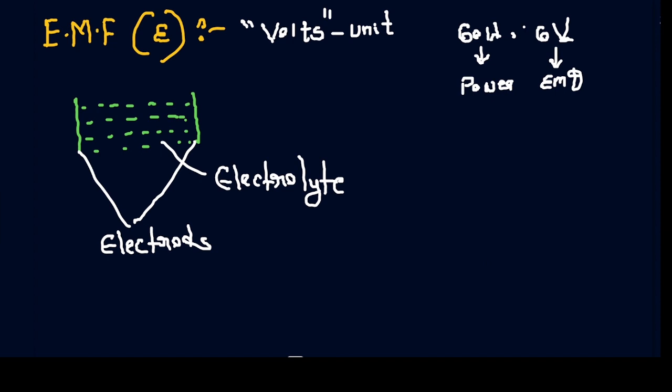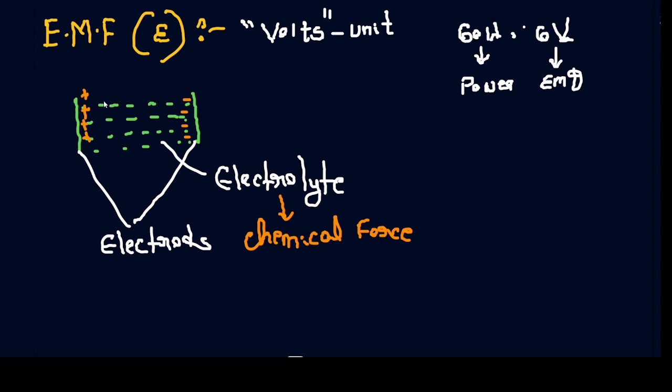Now, the electrolyte has some energy, right? Since it is a chemical solution, it has the ability to push all the positive charges to one side and all the negative charges to the other side. That is done by chemical force. Here in the electrolyte, the chemical force is exerting force on these charges in order to separate them.